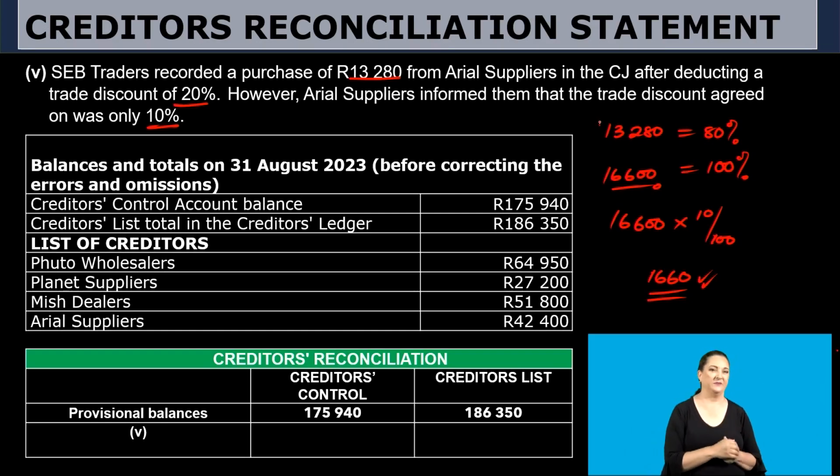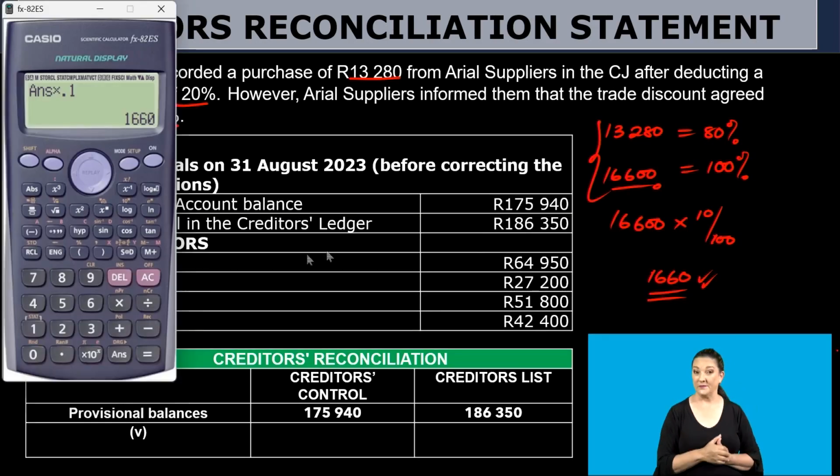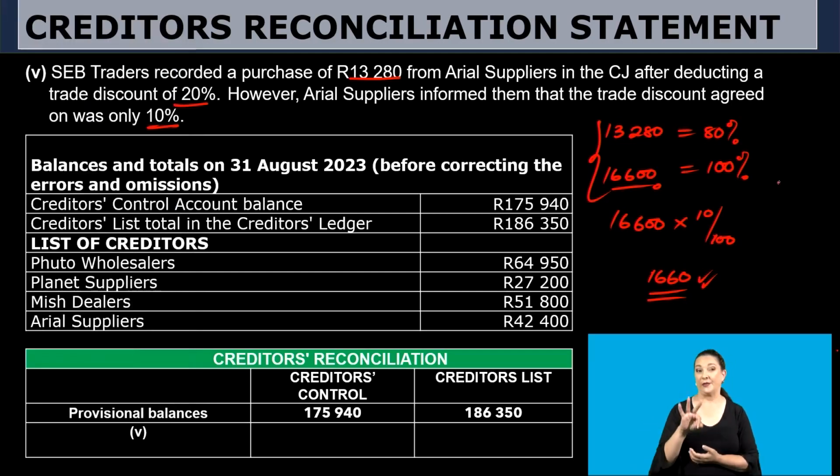And you would know if you take the difference between these two amounts. If you say 16,600 minus the 13,280, it will show you that the discount that we had subtracted, the trade discount, was the 3,320. So we had subtracted 3,320, yet we were supposed to subtract only 1,660.